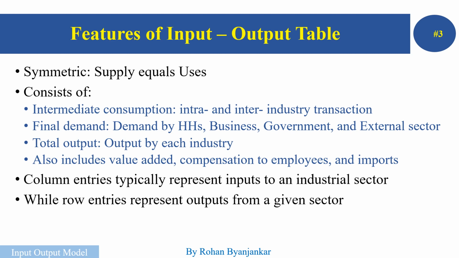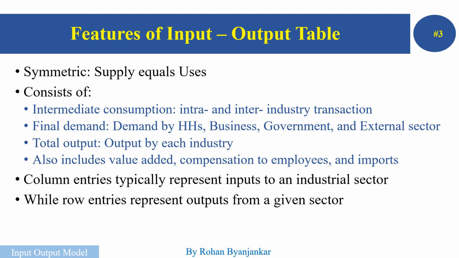In this video tutorial we will only incorporate the demand by households. And the total output is the output by each industry, the total sum of final demand plus intermediate consumption. It also includes value added, compensation to employees, and imports, but in this video tutorial we will not include this last portion because it makes our discussion complex.